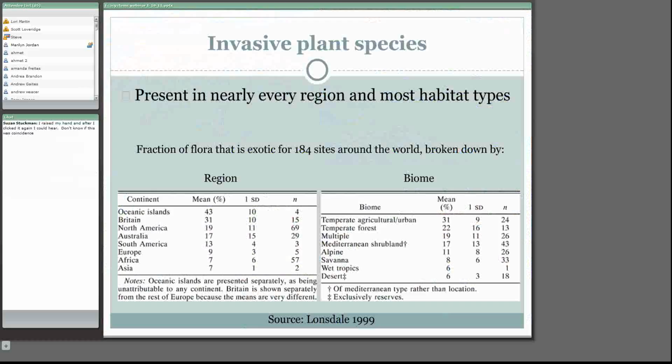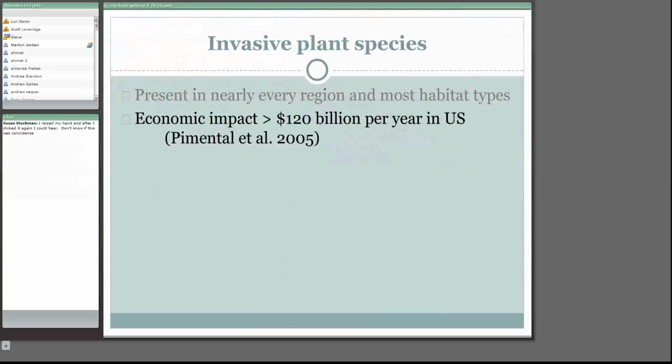So a lot of exotic invasive plants are occurring throughout regions and biomes. With their presence, they also have an economic impact. A more recent study has shown that in the U.S. this is in the $120 billion a year range. So an economic or monetary value is now associated with these invasive plants.